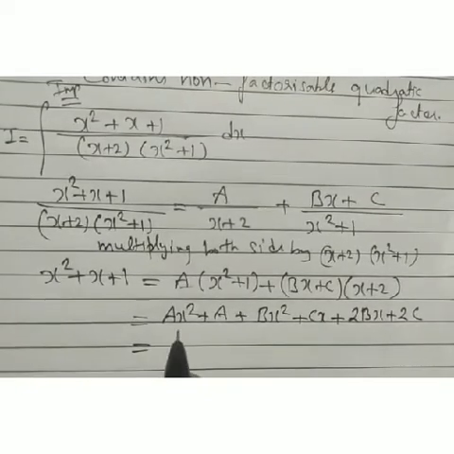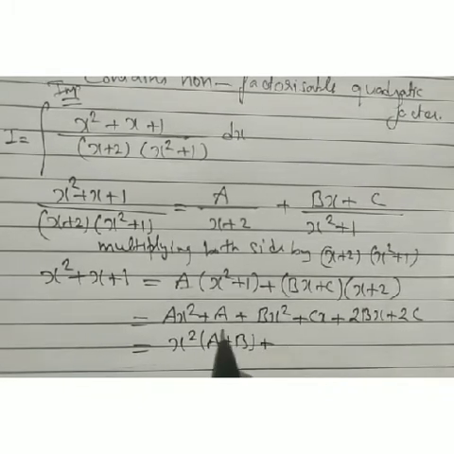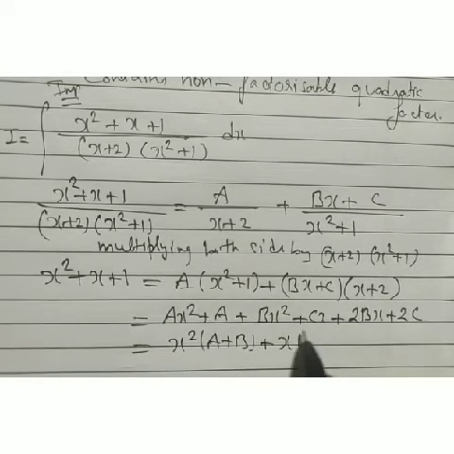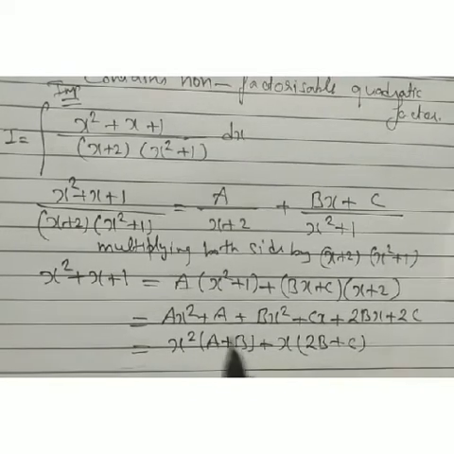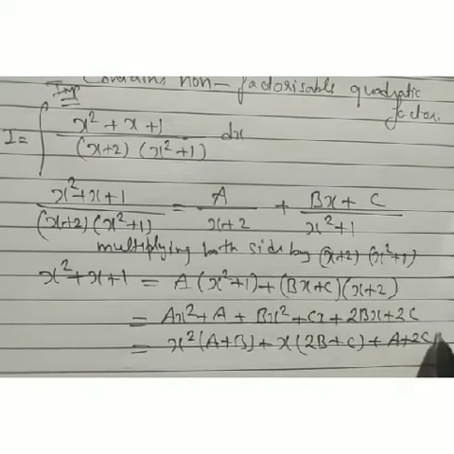Now take x square common, take the x part, we have 2b plus c, and our constant part is a plus 2c.